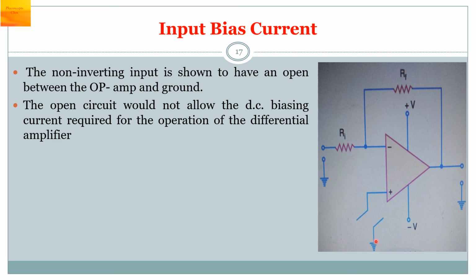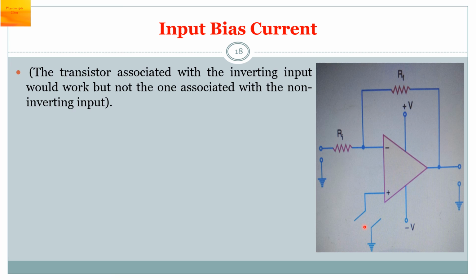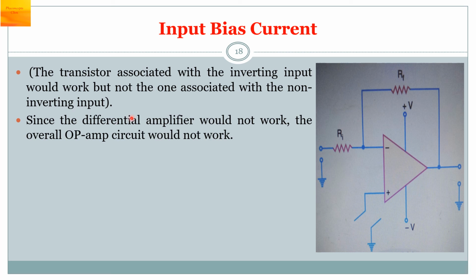The open circuit would not allow the DC biasing current required for the operation of the differential amplifier. The transistor associated with the inverting input would work, but not the one associated with the non-inverting input. So the differential amplifier will also not work. That is, the overall op-amp circuit will not work.